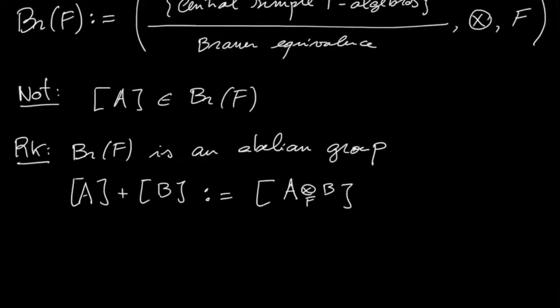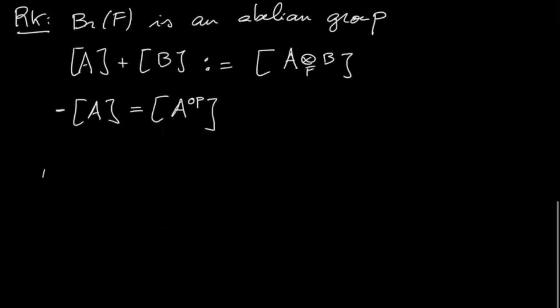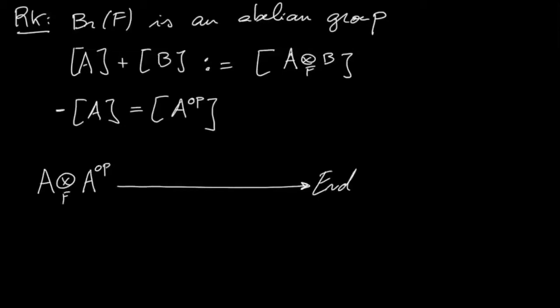And one observes that the symmetric of an element is actually given by the class of the opposite algebra. Why is that true? If we have A, we can tensor it with its opposite over F, and there is a canonical map towards the endomorphisms of A seen as a vector space over F, which sends an element A tensor B to the endomorphism that to C assigns ACB.